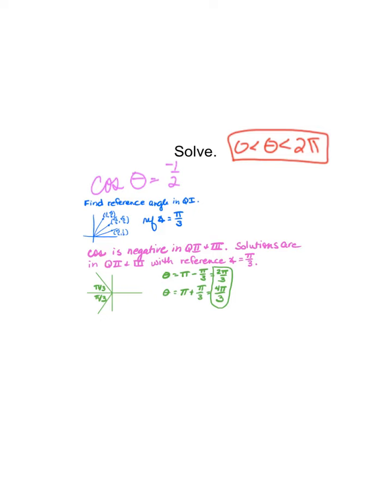Cosine is negative, so I know that my solutions are going to be in quadrants 2 and 3. That's where cosine's negative. Cosine's the x-coordinate on the unit circle. So I have two solutions. One is pi minus pi over 3, and the other one is pi plus pi over 3.